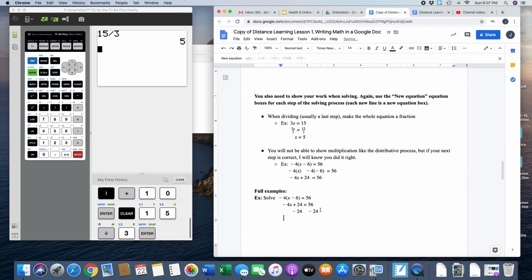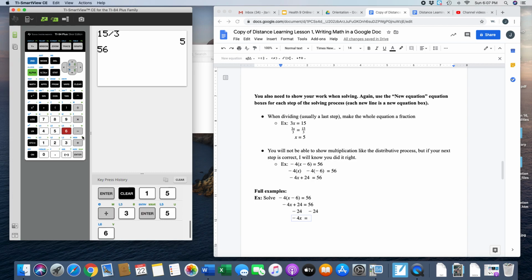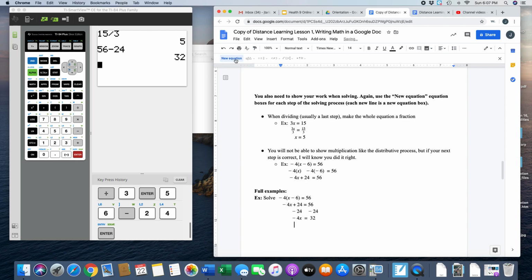So now underneath that, if I did that subtraction, what I would be left with is -4x on my left equals, and I want to make sure I'm correct, so 56 minus 24 on my calculator gives me 32. So there's my 32. I'm going to go down one more row. I know I have to divide by this coefficient of -4, so I'm going to create a new equation box, and we do division by representing it as fractions.